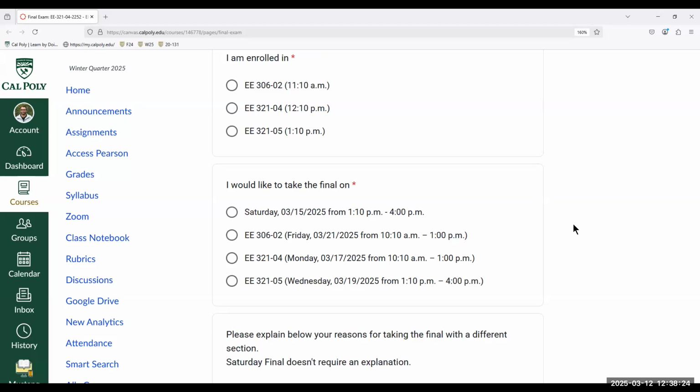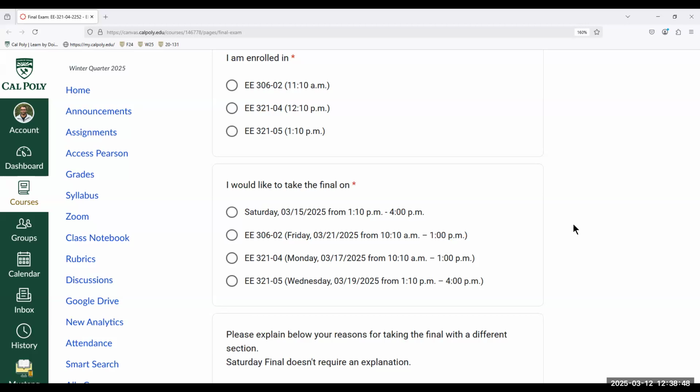If you take it on a Saturday, your request is approved, pretty much. You don't need to know whether you can. I will accept requests until Friday afternoon. Okay, I just need to know enough in advance so I can print those exams in time. All right. So if you let me know by Friday afternoon, perhaps even till 2 or 3 p.m., I can have enough time to print out enough exams for the Saturday.